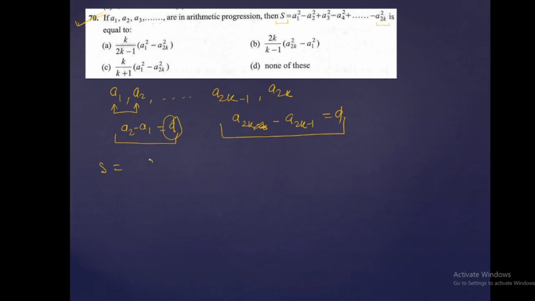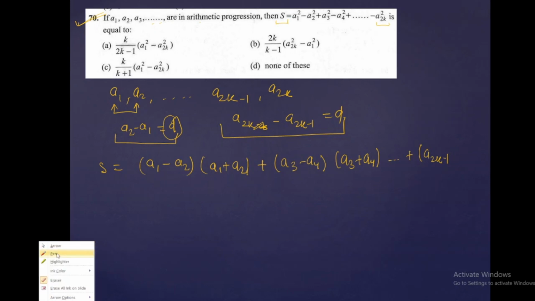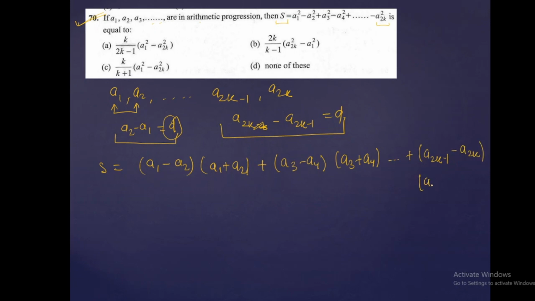So here we have the expression for this. I'm simplifying the given term over here: A1 minus A2, A3 minus A4, and this goes up to A2K minus 1 minus A2K.